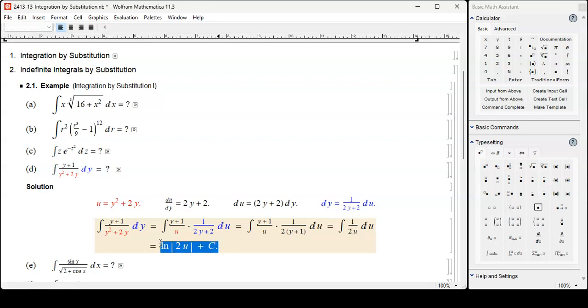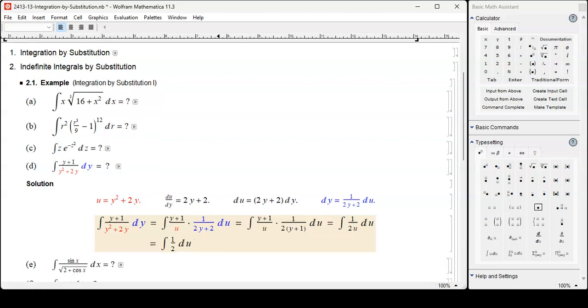You can rewrite like this. 1/2 times 1 over u like that. Or even better, u to the negative first power like that. So we have log of u. 1/2 log of u. Therefore, 1/2 log of, what's the original? y squared plus 2y.